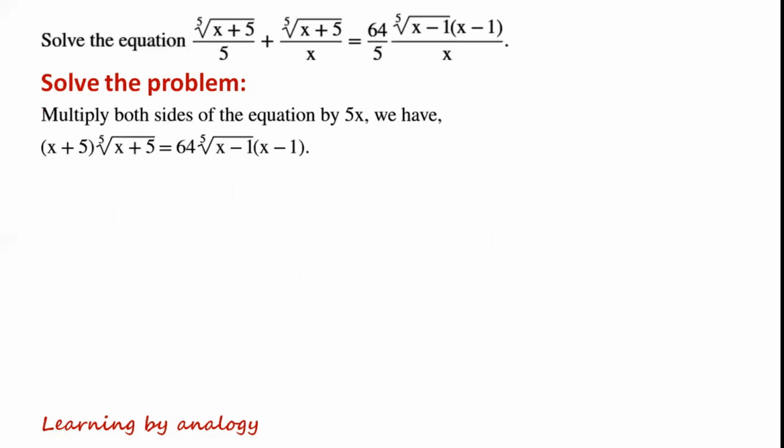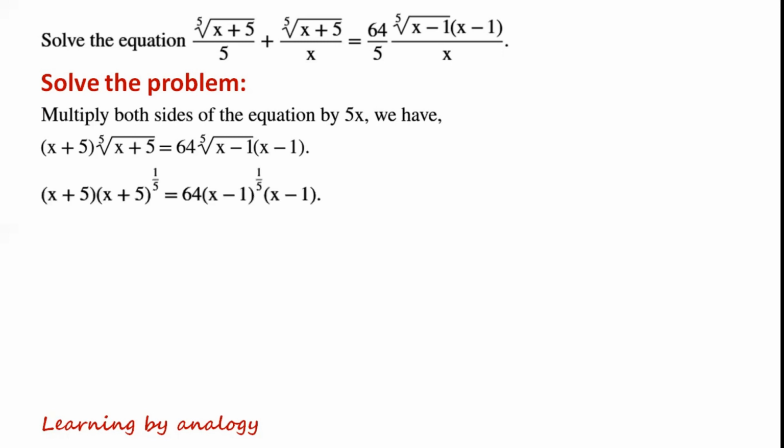Multiply both sides of the equation by 5x. We have x plus 5 times the fifth root of x plus 5 equals 64 times the fifth root of x minus 1 times x minus 1.